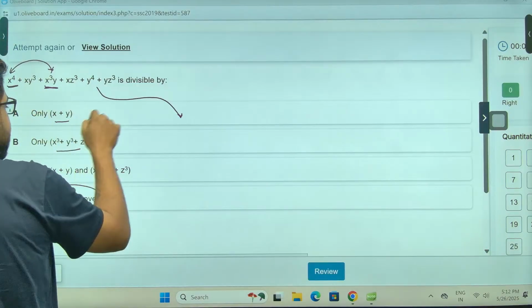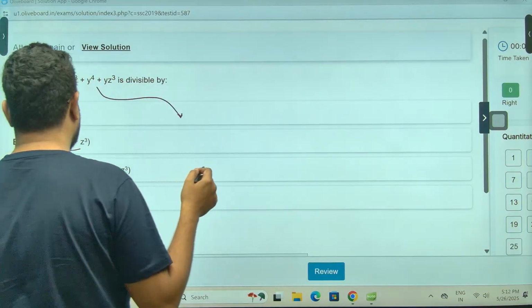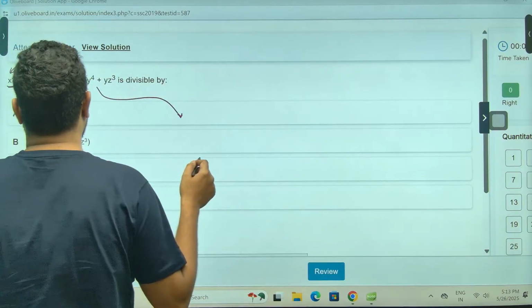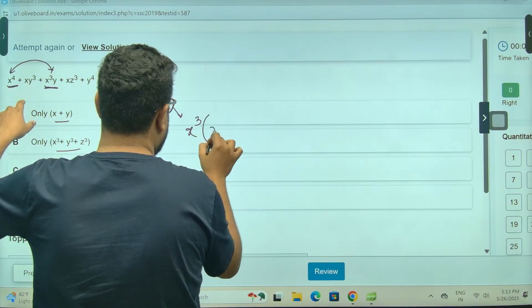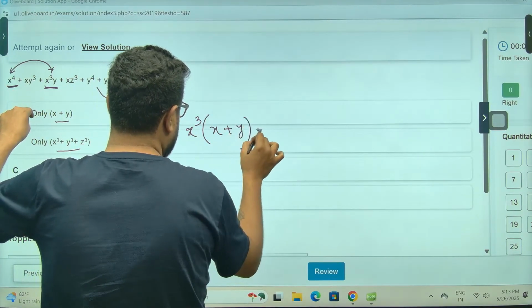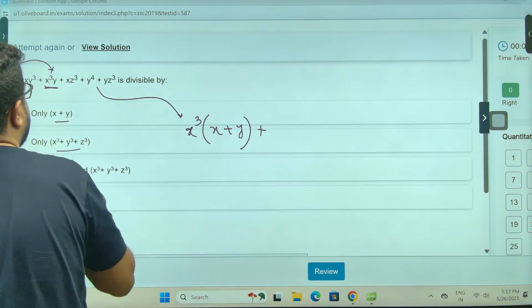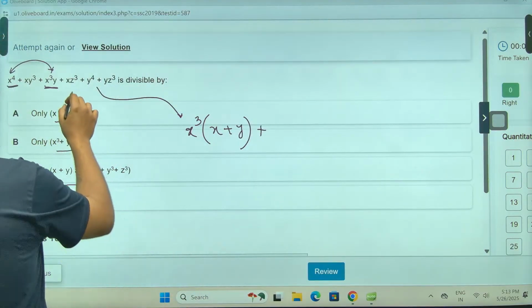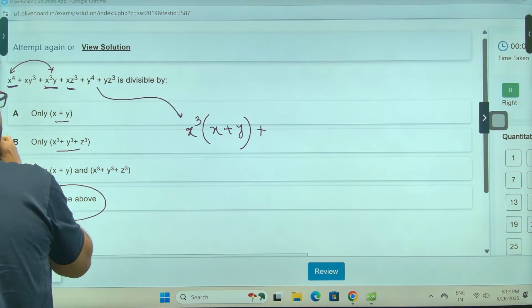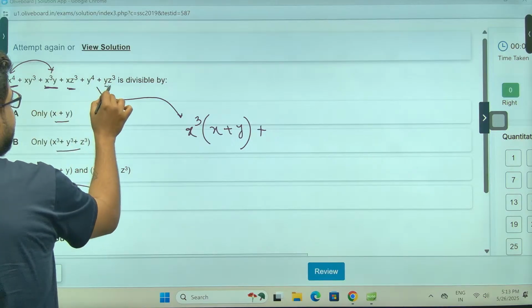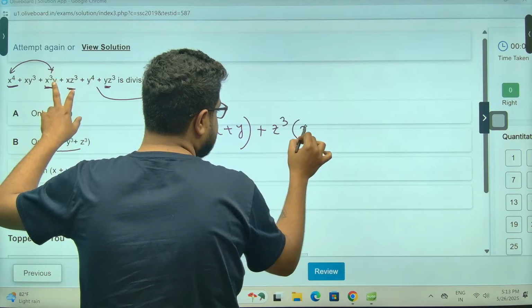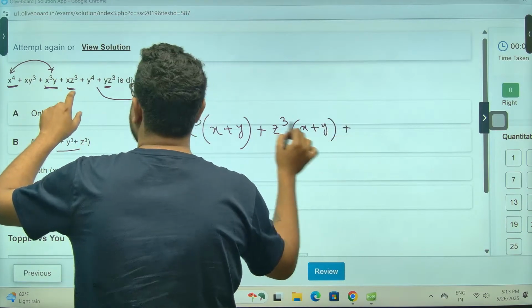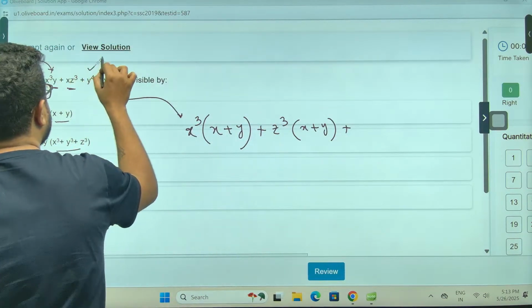Similarly, figure the same thing out for others. x cube, if I take common, x plus y remaining. Plus anything, xy. And z cube and y z cube. I can take z cube common from here, so I'll get x plus y.